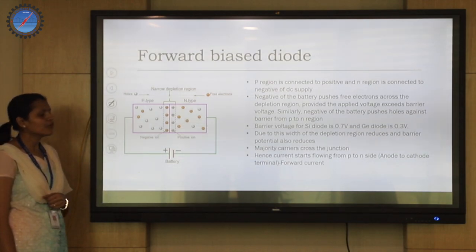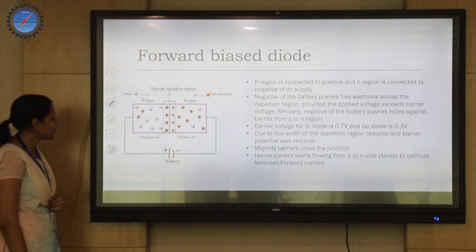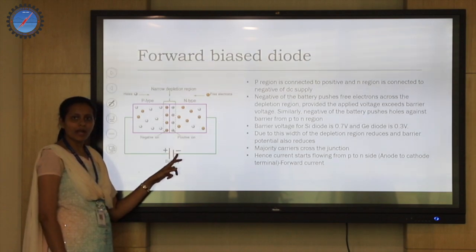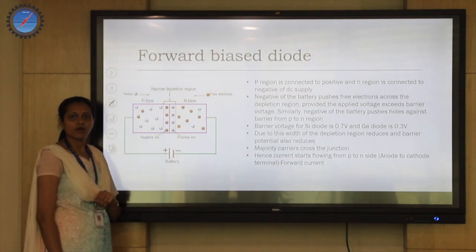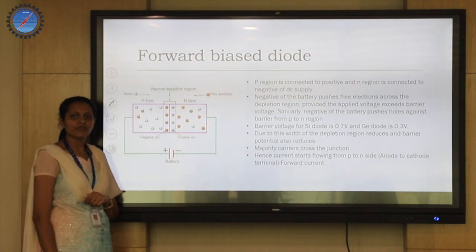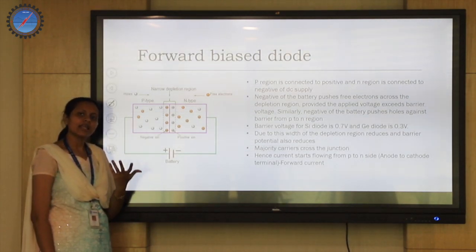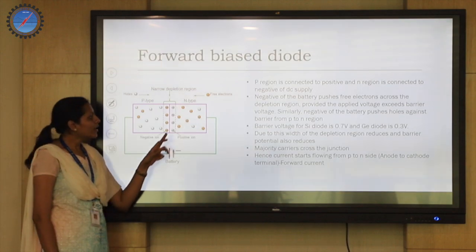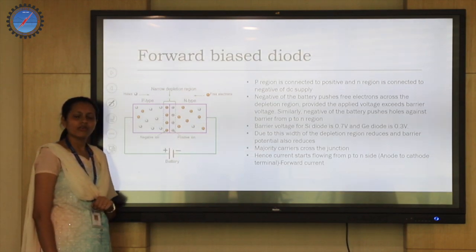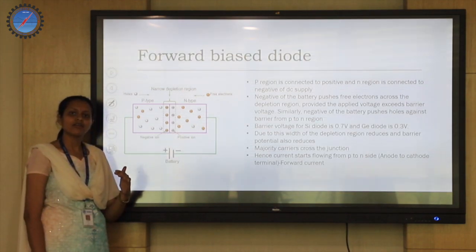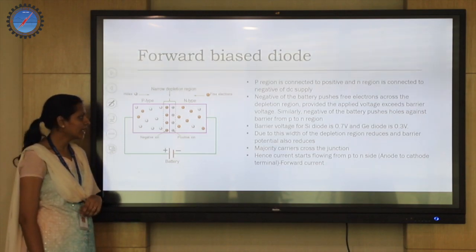What happens in forward biasing? We can see the negative of the battery is connected to N type. What is more in N type? Electrons, which are majority charge carriers. Electrons are negative charge carriers. What happens to negative and negative? We know that negative repels, right?